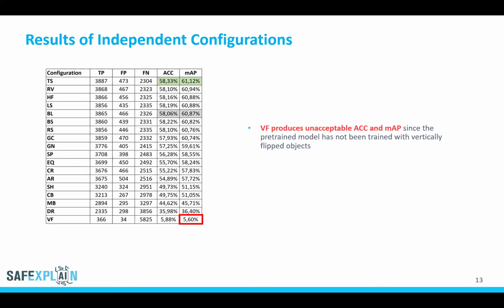For example, vertical flip doesn't work well at all. We see that it only has 5% mAP. Basically, this is because the pre-trained model is not trained to detect vertically flipped objects, so it's not able to detect this. And then we also see that there are some transformations, such as top shift, raise value, horizontal flip, and left shift, that give us a bit of mAP increase with respect to the baseline.